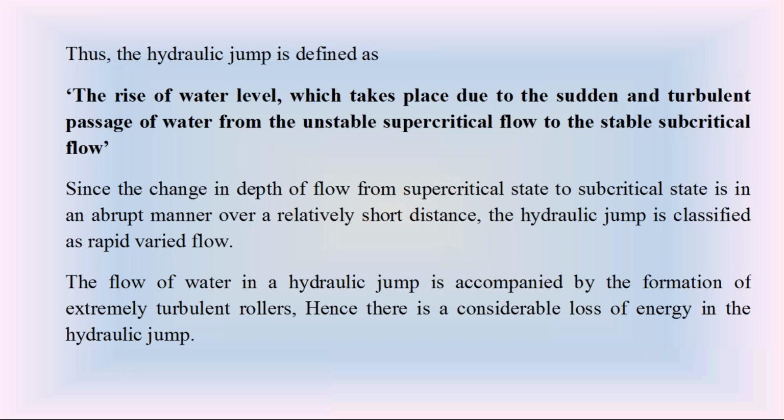So there is a loss of energy in that portion of the hydraulic jump. Due to that loss of energy, the water flow is rotational flow. The water is under rotation, totally rotation in that portion of the hydraulic jump, due to that change in the kinetic energy from high value to low value.